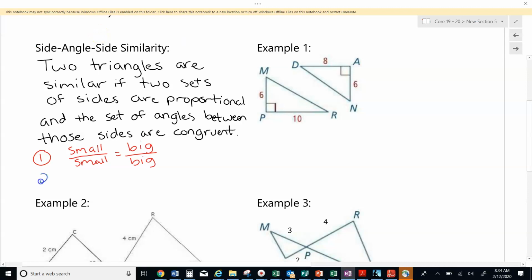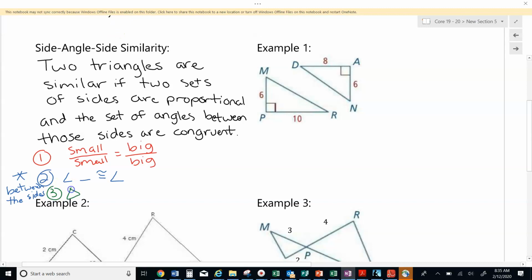Our second step is going to look at the angle. It has to be congruent to our angle. This we have to pay close attention to. Again, it has to be between the sides. Okay.